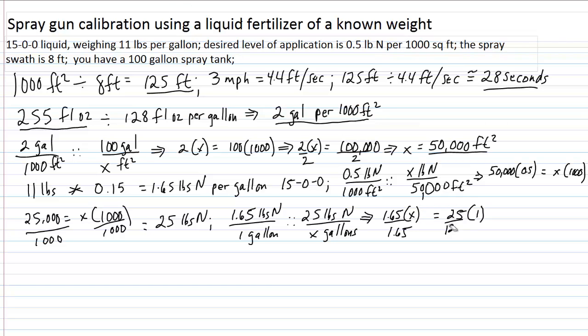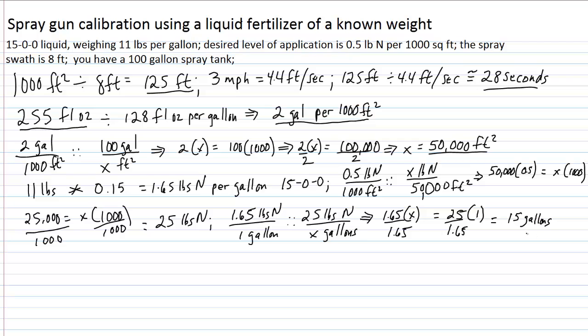Always helps if you can talk and write at the same time. Try this one more time. 25 divided by 1.65 equals 15. And what's the unit? It's gallons. It's gallons of 15-0-0.